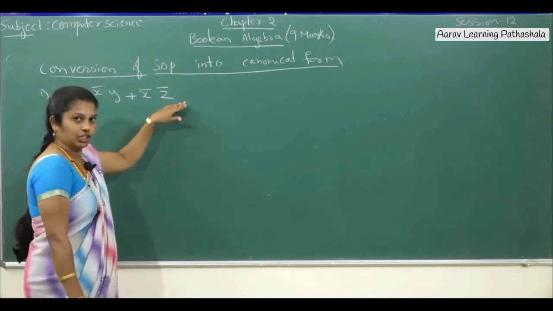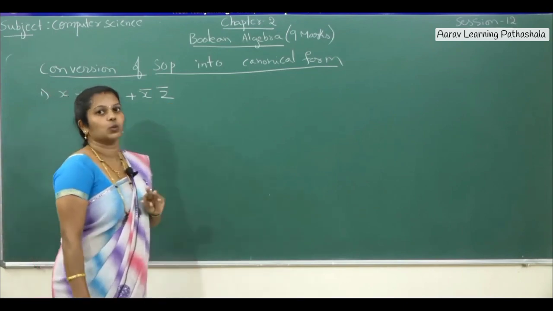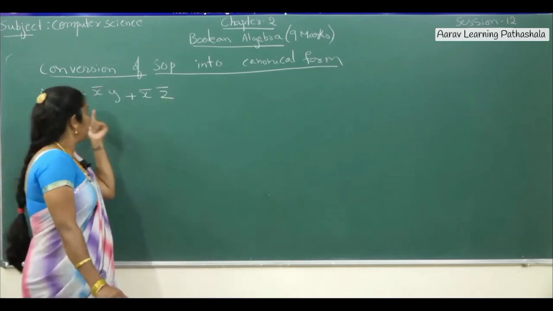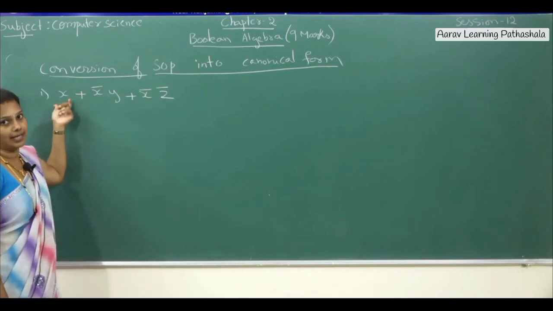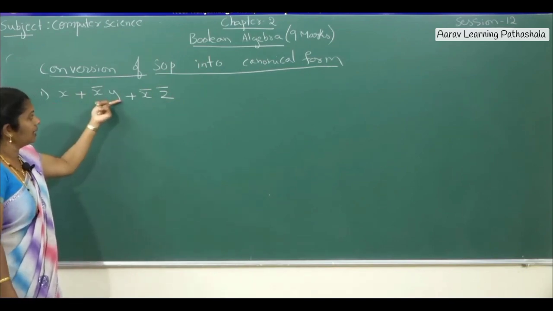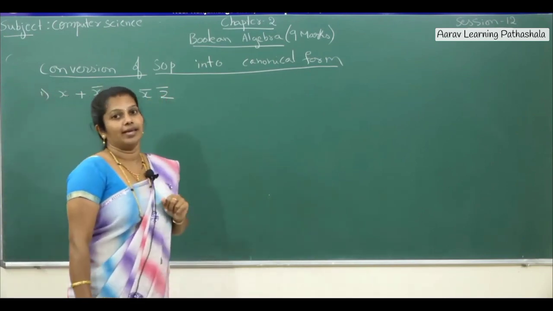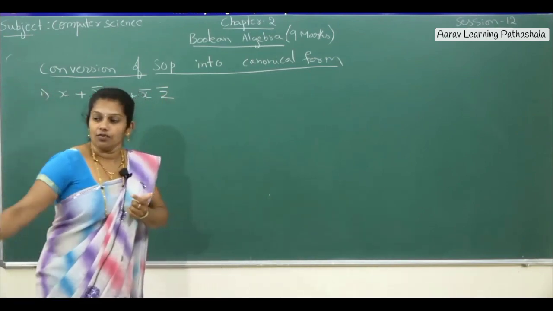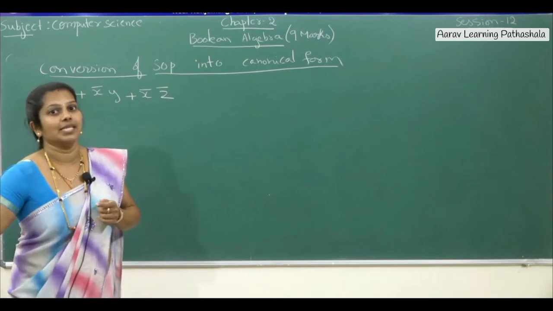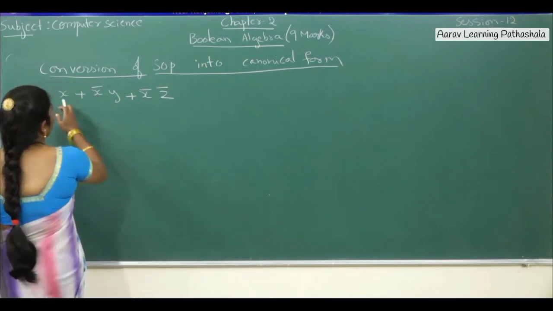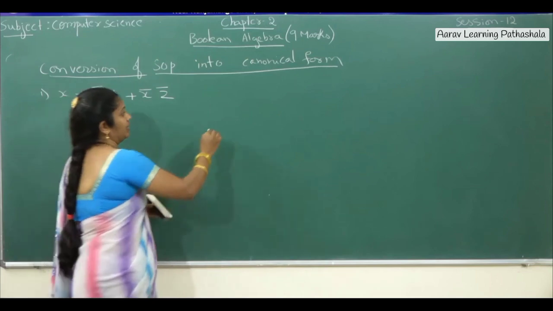The expression has three variables in total, x, y as well as z. In the second part only z is missing, whereas in the last part only y is missing. First you have to find the missing variables.